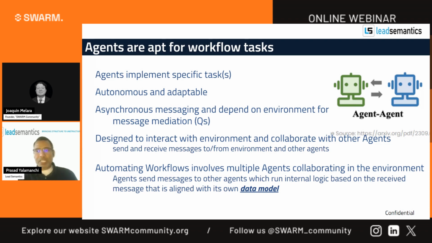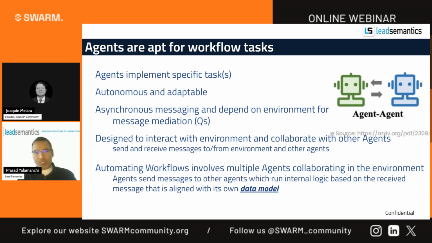They could probably take on, in parallel, many more requests, each agent. And so these agents are expected to interact with the environment and collaborate with other agents by sending and receiving messages to the environment and other agents. And that's how the progression through the workflow goals itself kind of moves along.